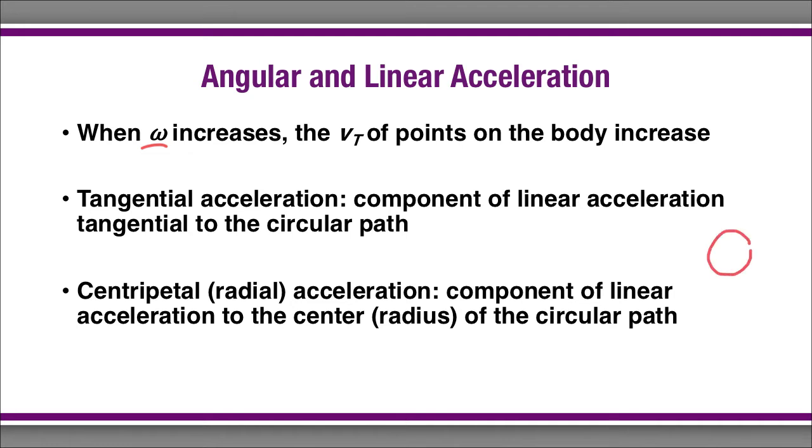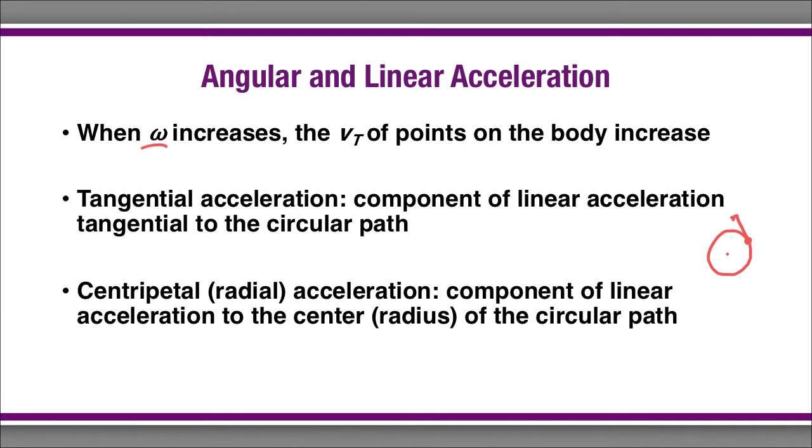Tangential means if you have a circular path that an object is rotating around, the tangent is a linear representation of where the object would go if it were to release from this circular path.